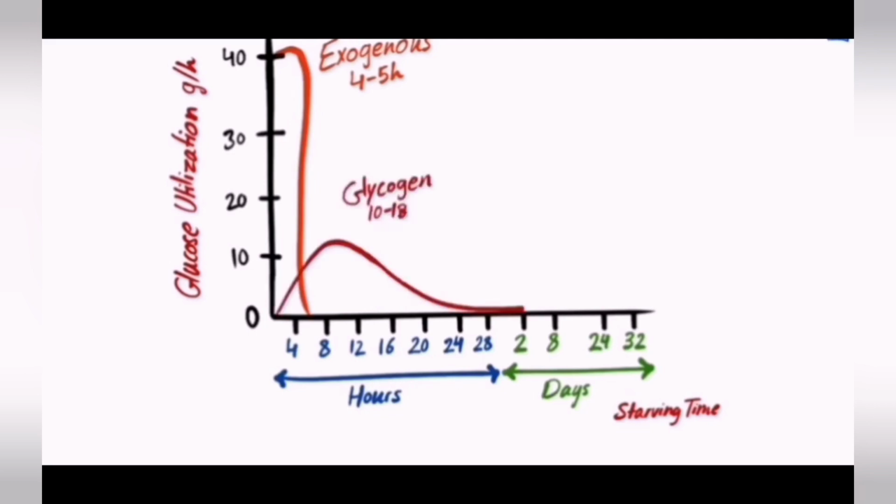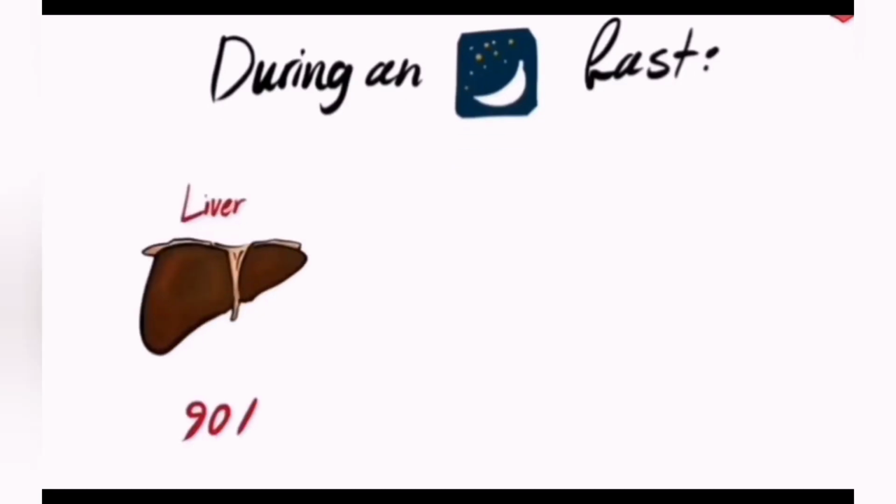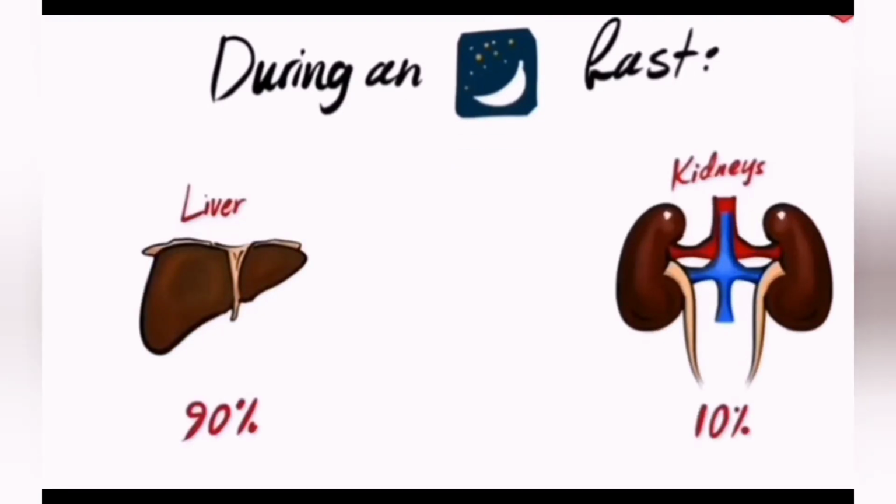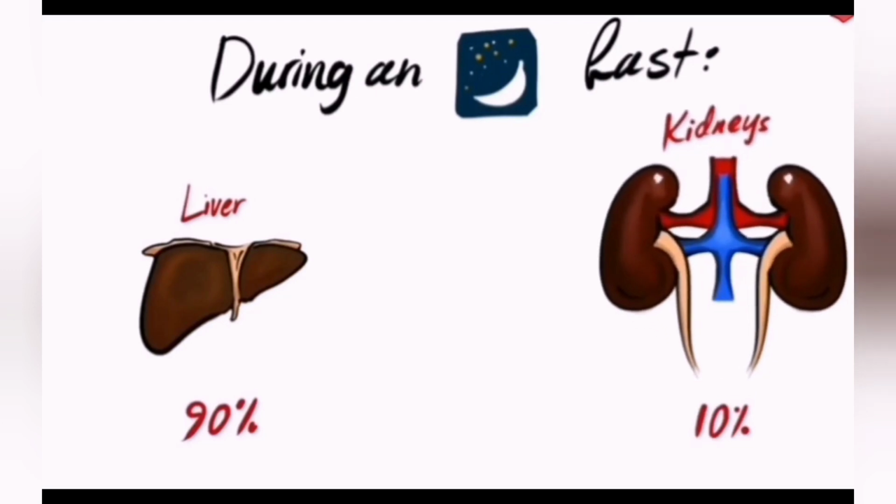Glycogen breakdown drops dramatically after the first 12 hours, while gluconeogenesis increases. After 24 to 48 hours, gluconeogenesis represents the only source of glucose. During an overnight fast, 90% of glucose production occurs in the liver, while the remaining 10% occurs in the kidney. But in prolonged fasting, the kidneys become the major glucose-producing organs.